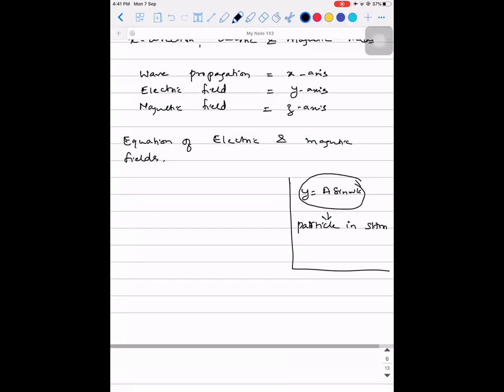So when you talk about a particle in SHM, we write it as y is equal to a sine omega t. There is another equation, if you see, y is equal to a sine of kx minus omega t. Did you guys see this? Yes or no?